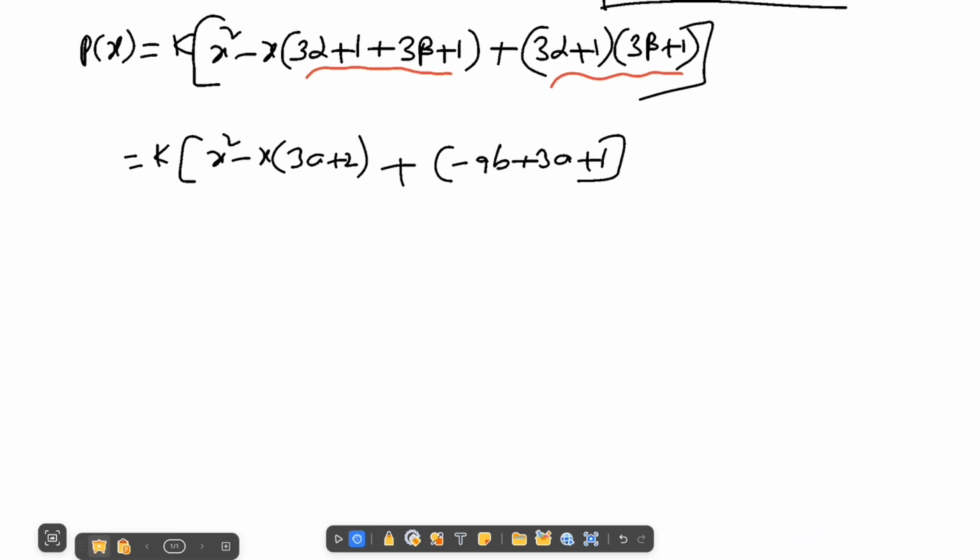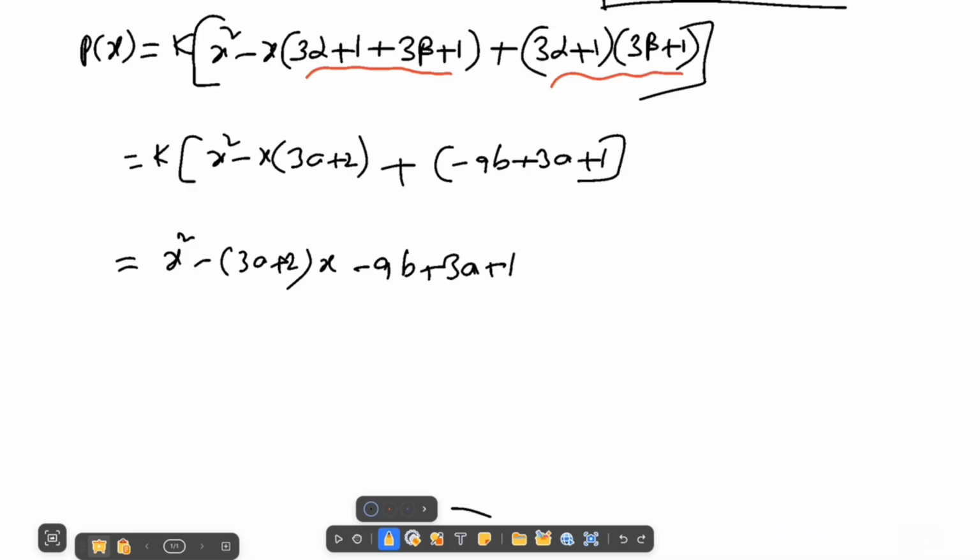So we can write it as k of, as the denominator, here we don't have any denominator except 1, right? So here the denominator is 1. So if k value is 1, then this will be equal to x square minus of 3a plus 2 x minus 9b plus 3a plus 1.